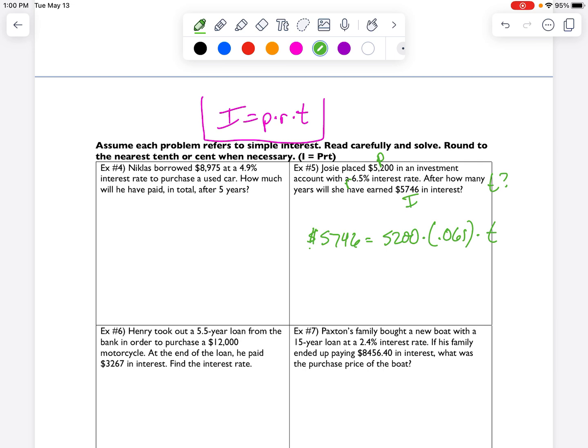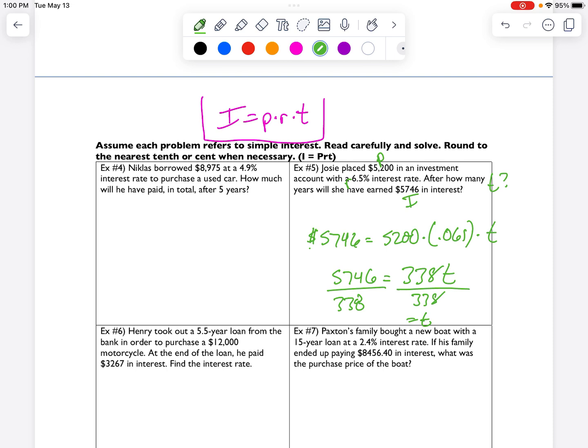That's what my calculator tells me. And this lives over here. I'm going to divide both of these to figure out what T is, right? I'm going to use inverse operations to say, all right, what is 5746 divided by 338? That's how I know it's 17 years.